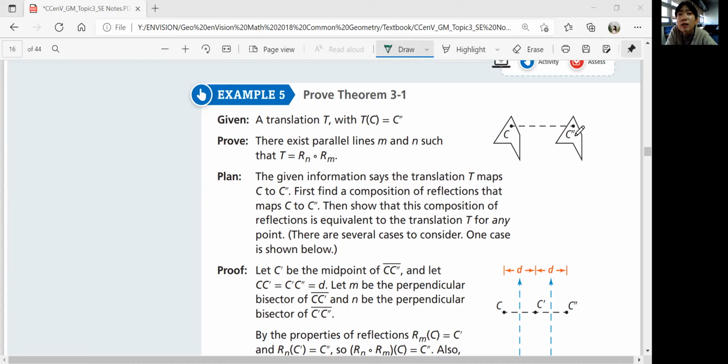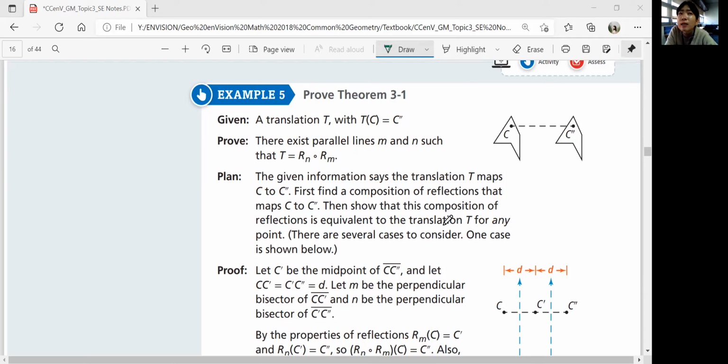We're going to prove that there exist parallel lines m and n such that the translation equals reflection over n and reflection over m. We're just trying to prove there are 2 reflections that could make one translation true and the same between the image and the pre-image.